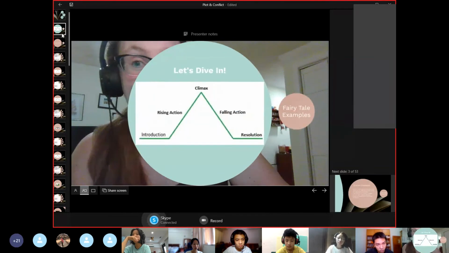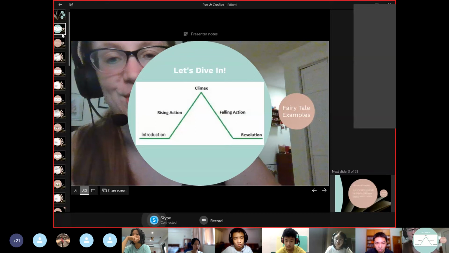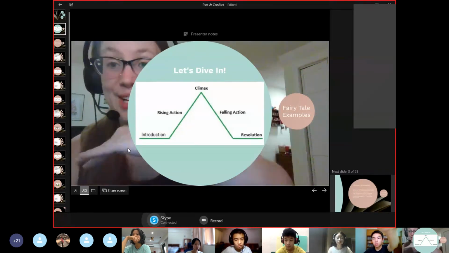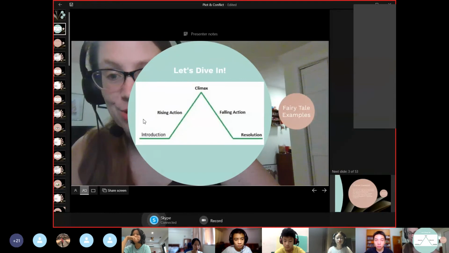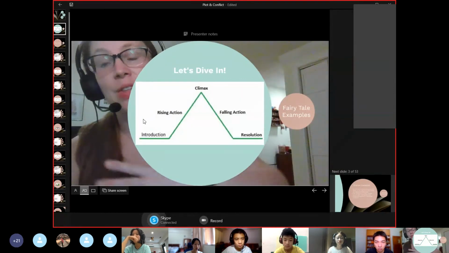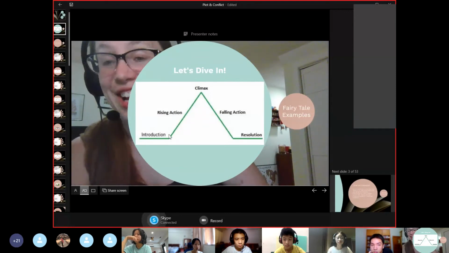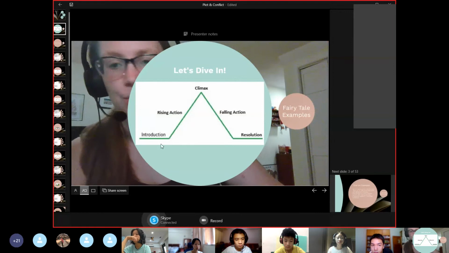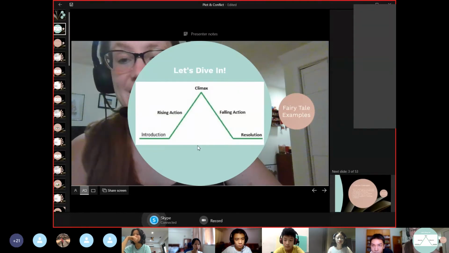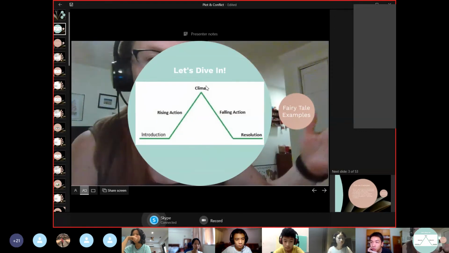As we all remember, you've all become experts about this so far, but let's just take another quick look at our plot element chart, starting with the introduction. As we know, that's the start of the story. And then as we move into the middle of the story, something happens soon after the introduction that creates the rising action, some sort of event or conflict. And then the tensions rise to the climax, the most intense or exciting part of the story.